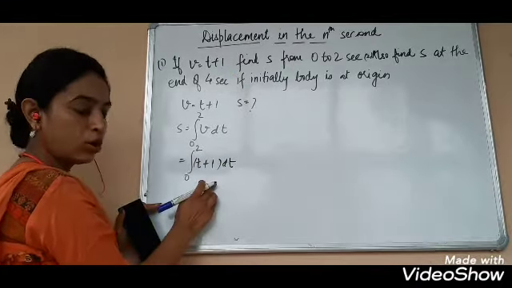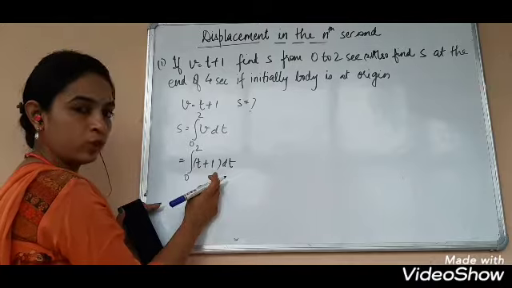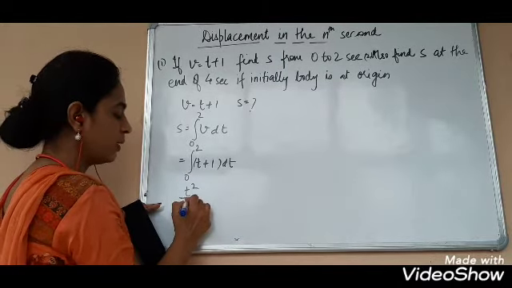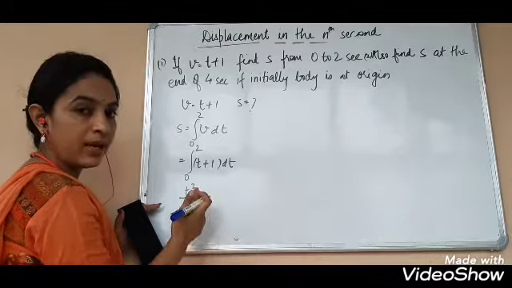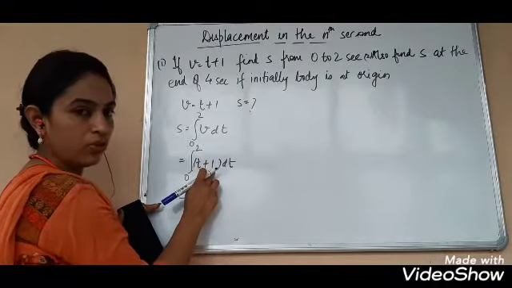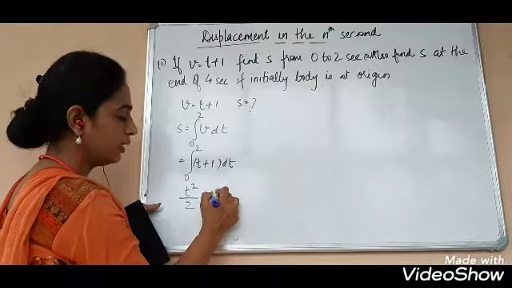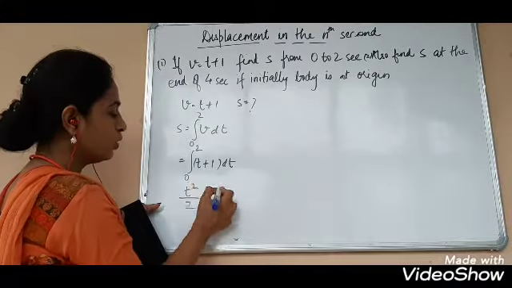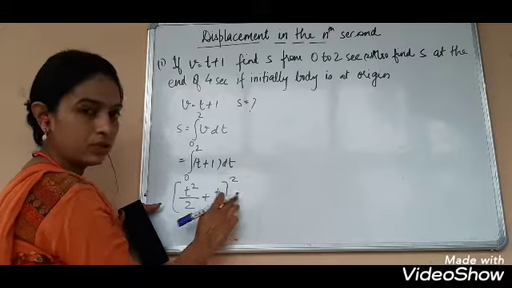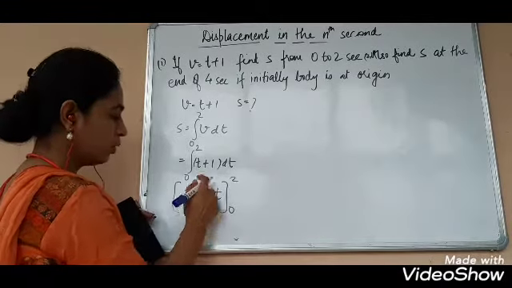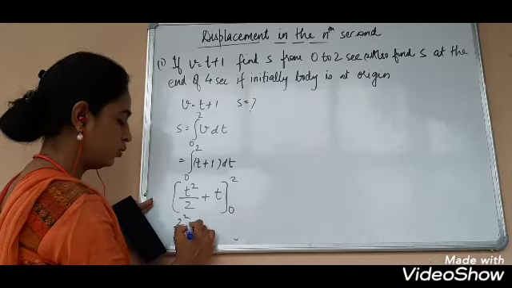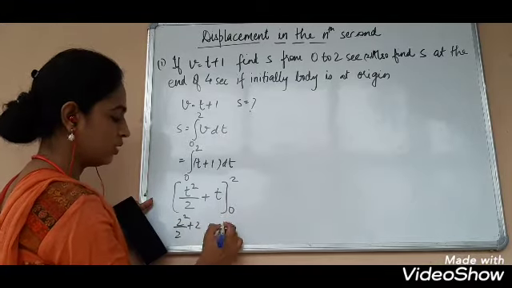Now for the integration of t plus 1, you can integrate both terms separately. Integration of t will be t square by 2, using t raised to the power n, integrated, is t raised to n plus 1 by n plus 1, plus the integration of 1 dt, which will be t. So this is from 0 to 2. Since it is definite, we don't need to add c. Now putting the limits in place of t: 2 square by 2 plus 2, minus 0.